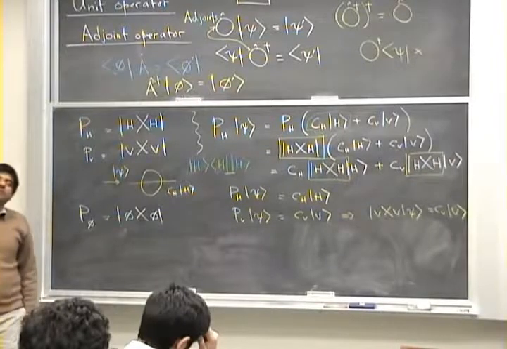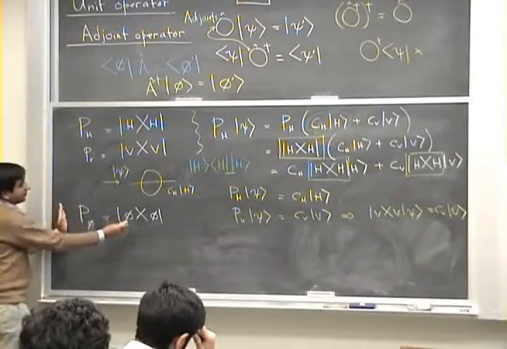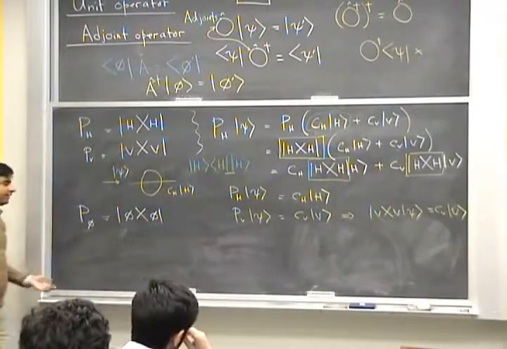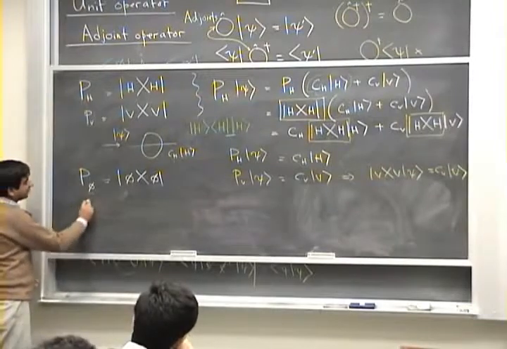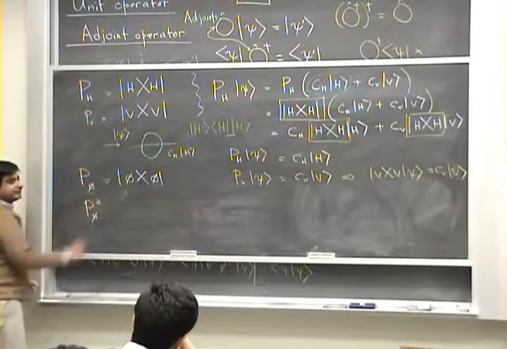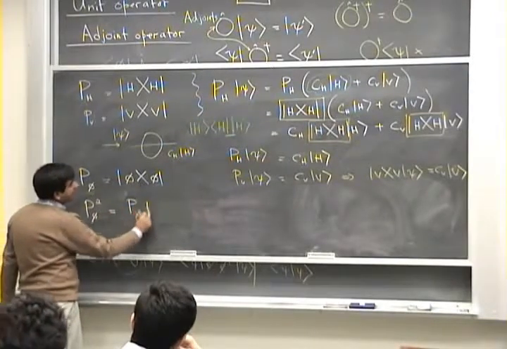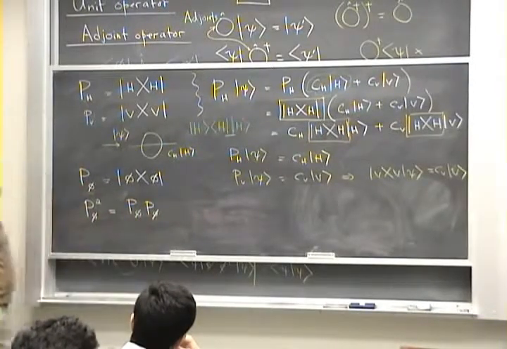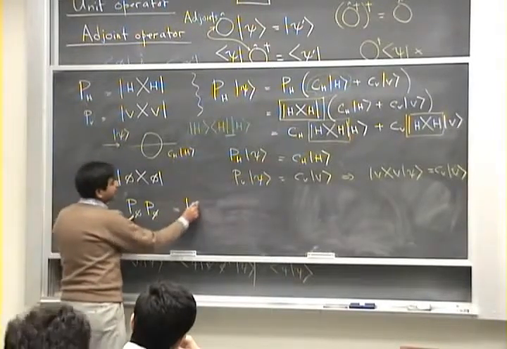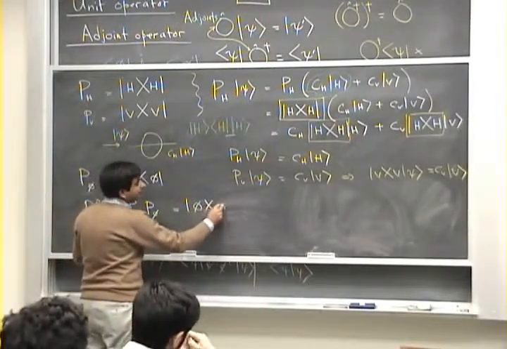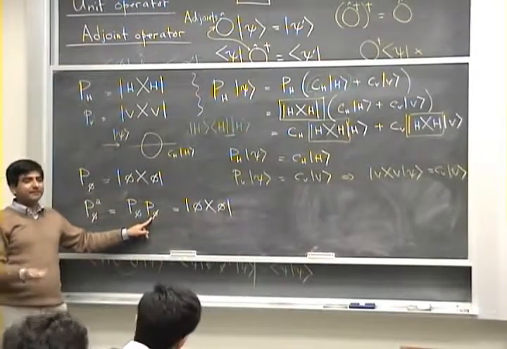And projection operators have a nice property. If I take a projection operator like this and take the square of it, the square of an operator is just P phi followed by another P phi. What is P phi? P phi is ket phi, bra phi.